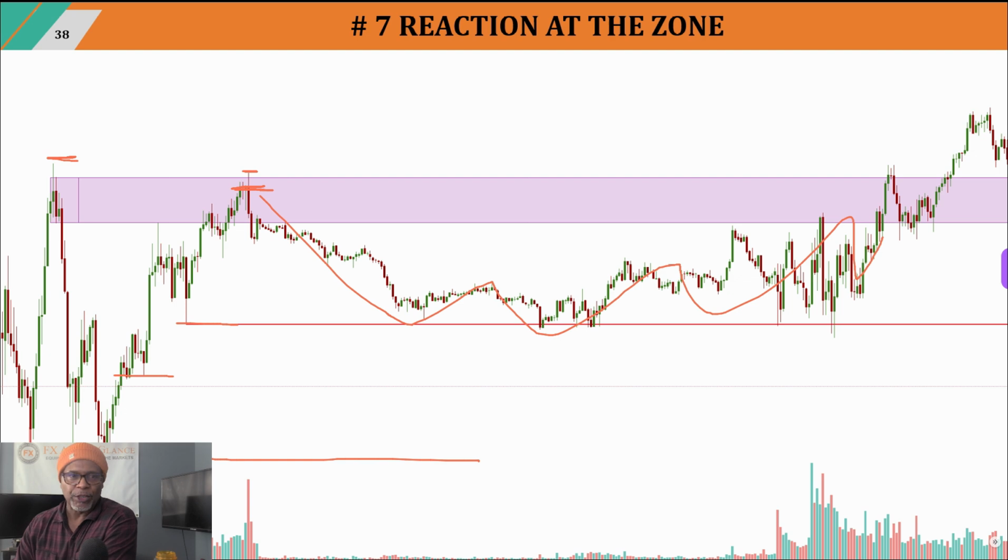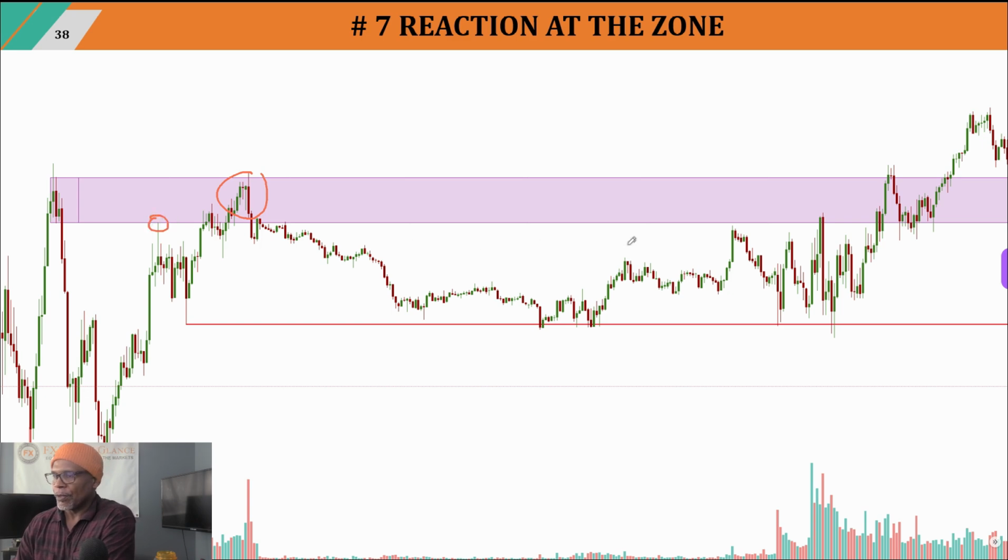Talking about how you come into a zone, deep into the zone, as opposed to this right here. This third time we come back to the zone, you can see we just barely touched and dropped hard, but then finally we come way back into the zone. Price failed us, we basically already absorbed most of the supply, and then demand overcame supply, and the market pushed higher.